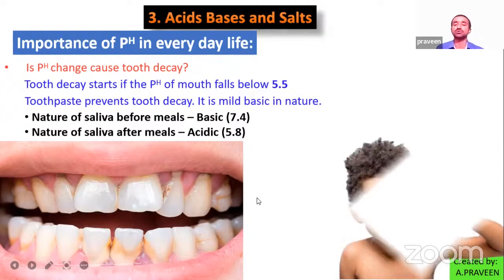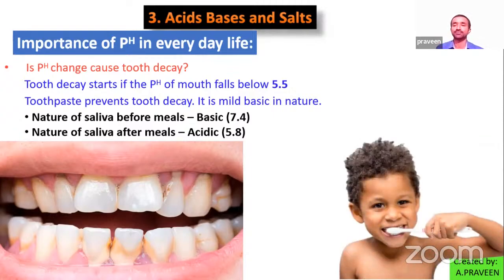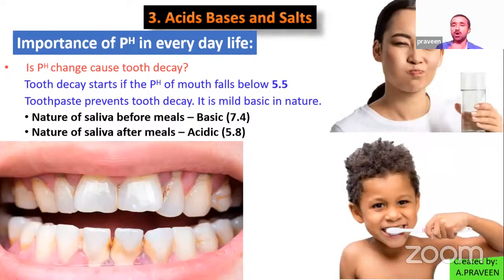So regular brushing and rinsing of the mouth and teeth will prevent that effect. So this is about the importance of pH in your everyday life, especially in your mouth.